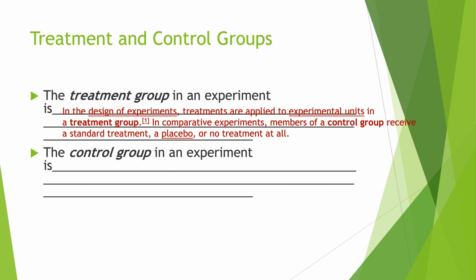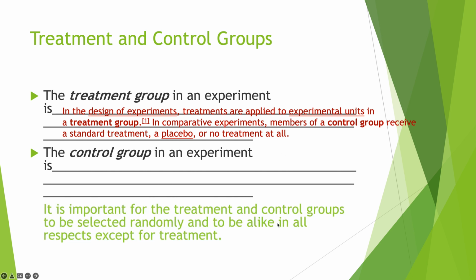One group gets the actual drug, and the other group gets one that looks just like it, tastes like it, does everything like it. They take it at the same exact time, but it's actually nothing but a little sugar pill, or a sugar substitute pill, so that there's no effect from this. The one with no effect is called a placebo, okay? And the treatment group obviously gets the real treatment.